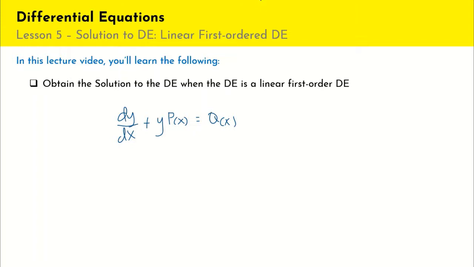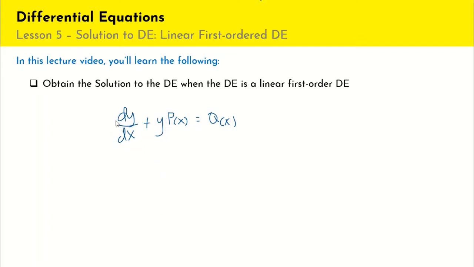Right, so let me repeat. This is a linear DE because the exponent, or the power of y, our dependent variable, is only 1. And this is a first order DE because we only have y prime, basically. That's it.